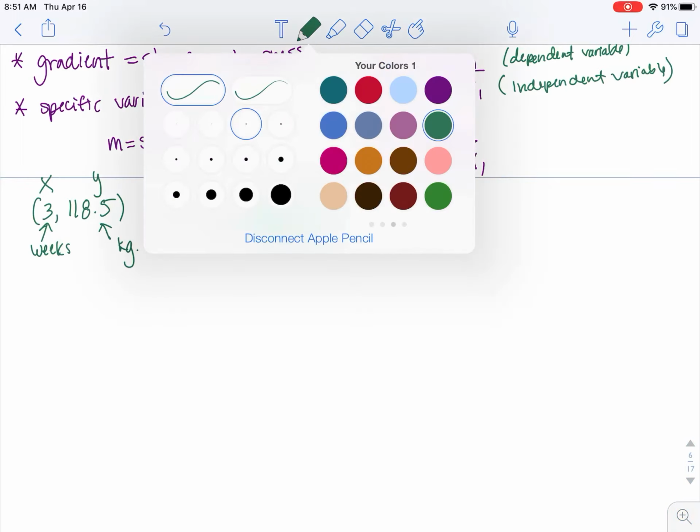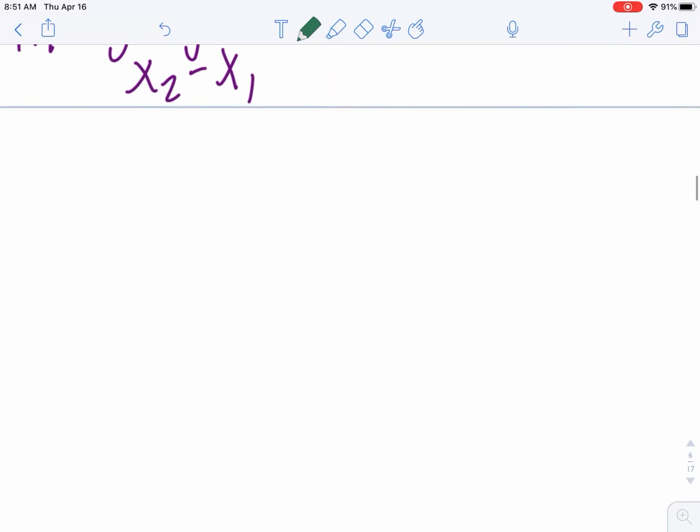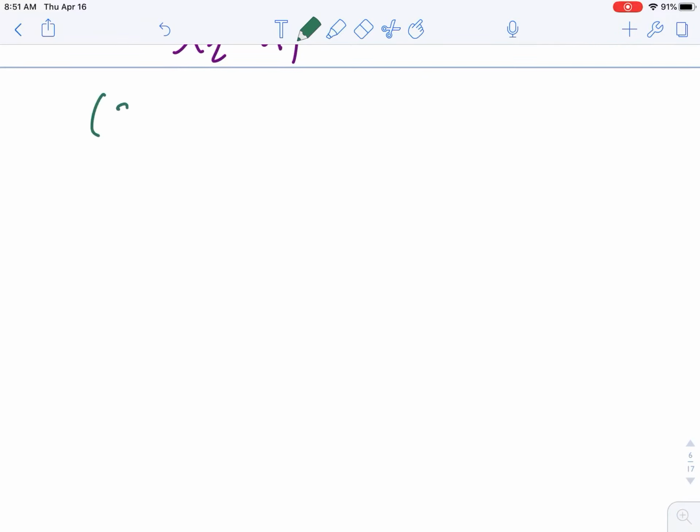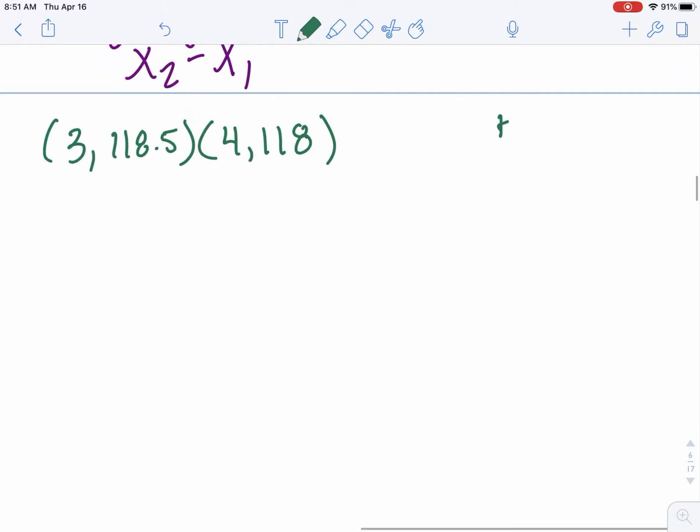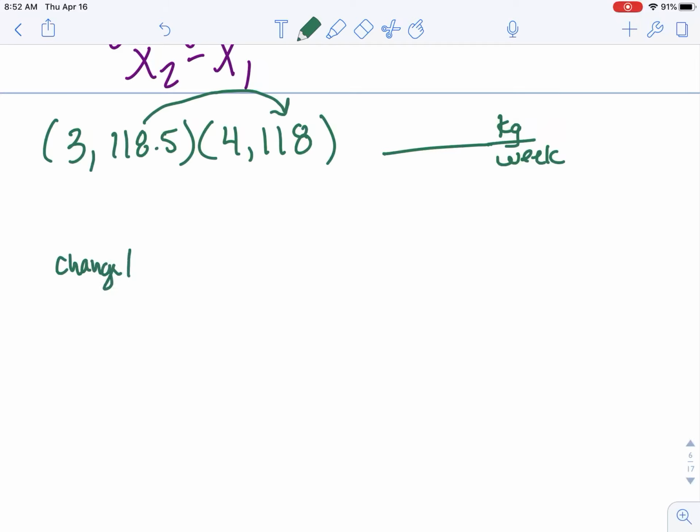So now, again, we're going to go back to the summative. When we had the 3, 118.5 and 4, 118, when we wanted to find kilograms per week, we looked at our y's. From 3 to 4, we looked at how much it changed by. To find the change or the difference, we subtract.